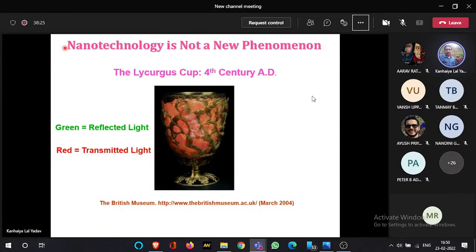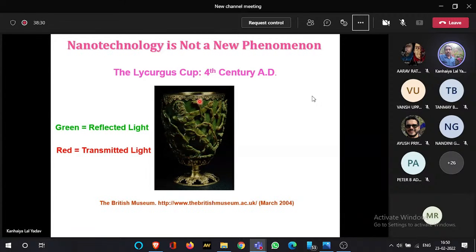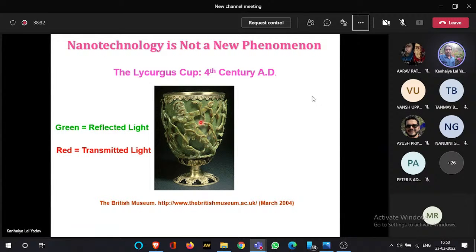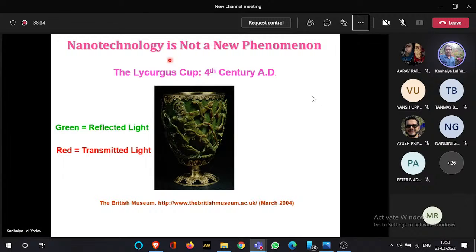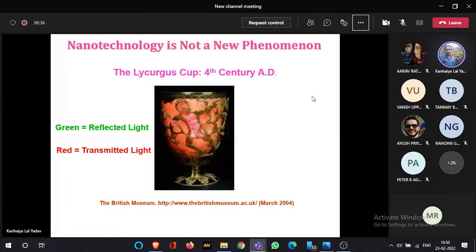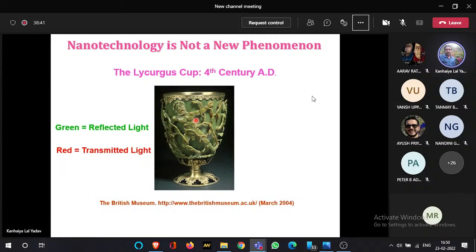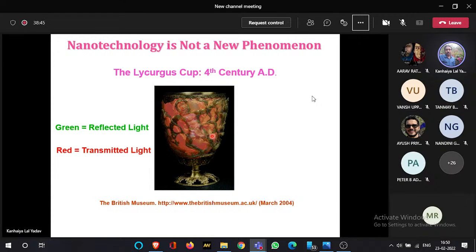That means this nanotechnology, the term we gave in 1989 or so, was being used from the beginning itself, but these terms were developed now. People at that time were using these things. And why does it show this type of behavior?